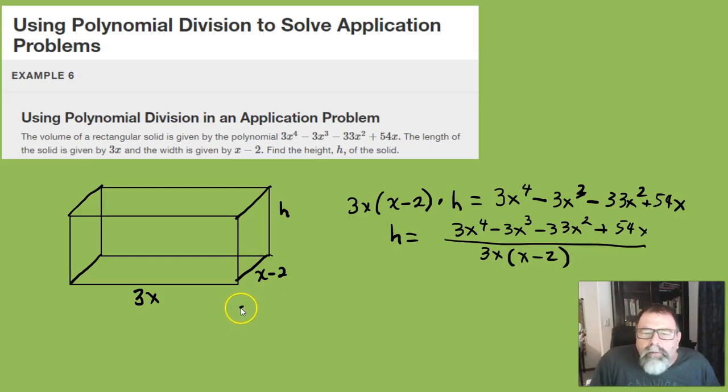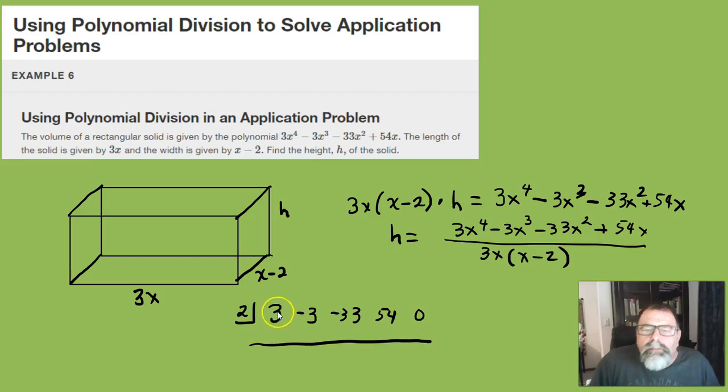So let's see, I'm going to put 2, this is my scratch work here, 3, negative 3, negative 33, 54, and then you got to put the 0, the placeholder, for the constant term. And then we bring the first term down. 2 times 3 is 6.